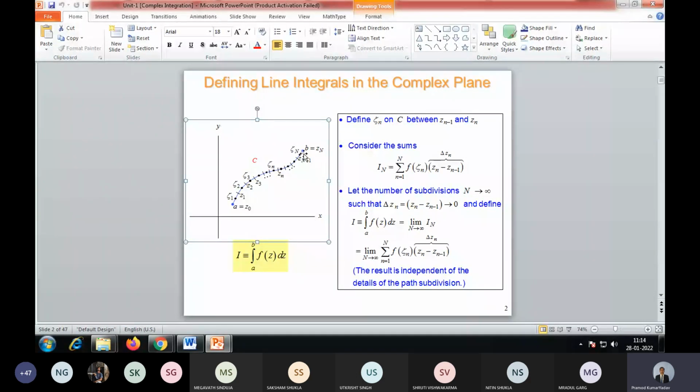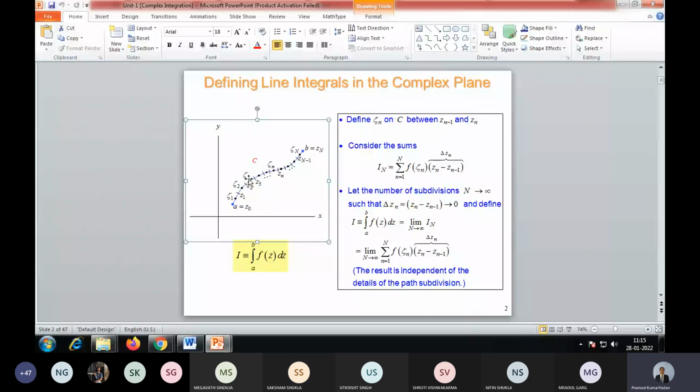What we are going to do is divide this AB into a finite number of sub-intervals, like Z0 to Z1, Z1 to Z2, Z2 to Z3, and so on up to Zn. In each sub-interval, Z0 to Z1 there is a point J1, Z1 to Z2 there is a point J2, Z2 to Z3 there is a point J3.